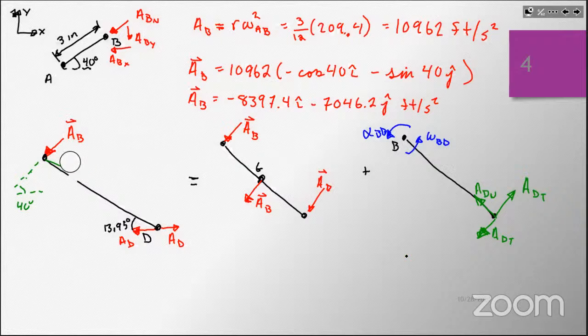Let me draw it better so that we can actually see it. When we drew our velocity here, it's this green arrow that's up there. The velocity of B is tangential to that point, at 90 degrees to my crankshaft. So if we drew this, it would be somewhere like that.